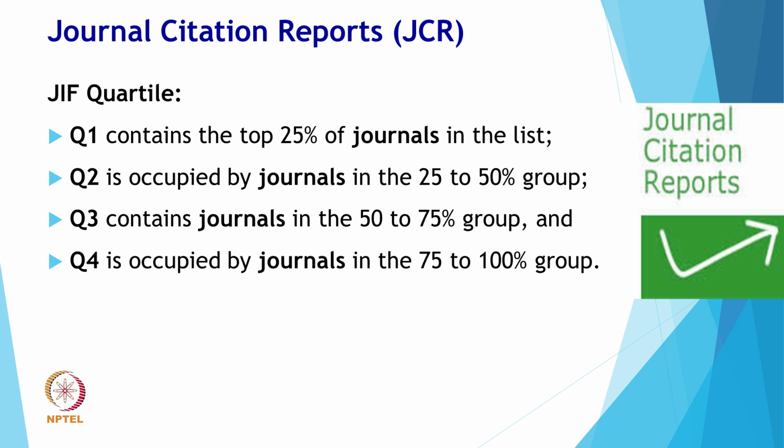So Q1 contains the top 25% of journals in the list, whereas Q2 is occupied by journals in the 25 to 50% group. Q3 contains journals in the 50% to 75% group, and Q4 is occupied by journals in the 75 to 100% group. If a journal falls in Q1, it means the journal performs better than at least 75% of journals in the category based on its impact factor score.